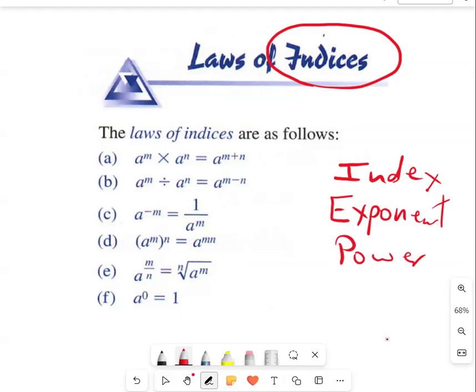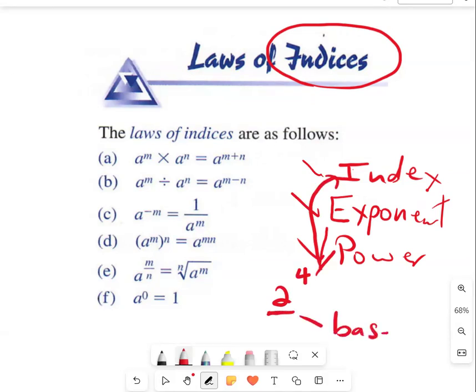All these are synonyms. So if you have 2 to the power 4, this is the power or the exponent or the index. The 2 is called the base. You know that before? I think most of you would know that.